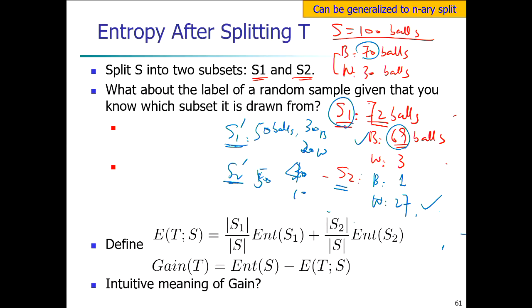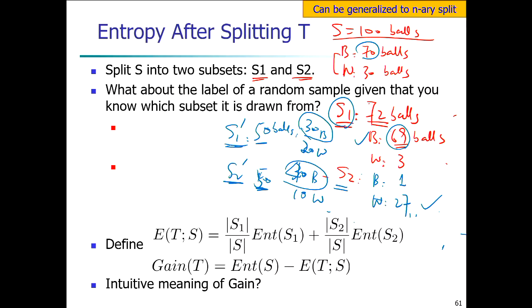If I divide it in different ways, let's say this is an equal split in terms of numbers, the resulting balls are 30 black, 20 white, and then 40 black and 10 white. Intuitively, this kind of partitioning of the original set is not as good as the previous one.